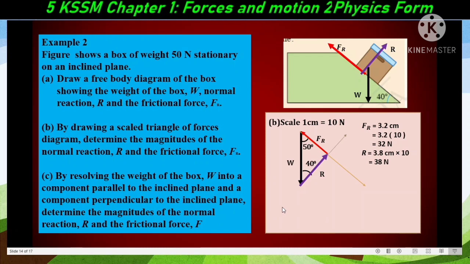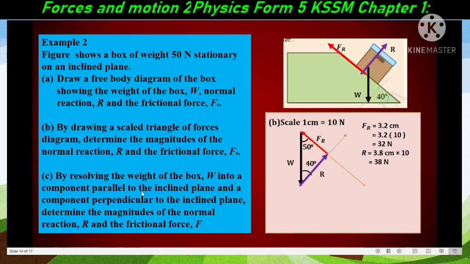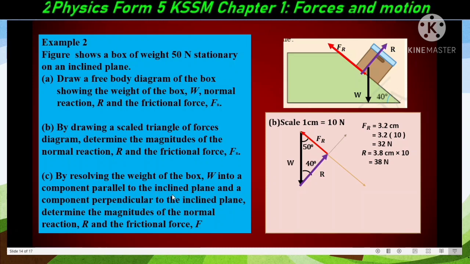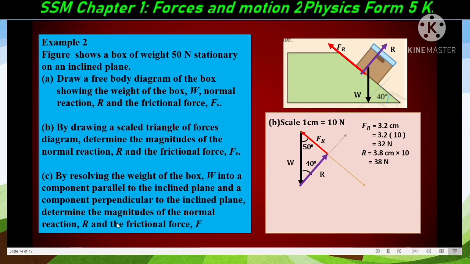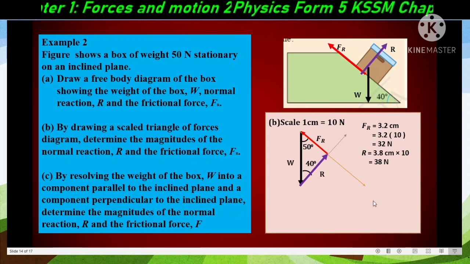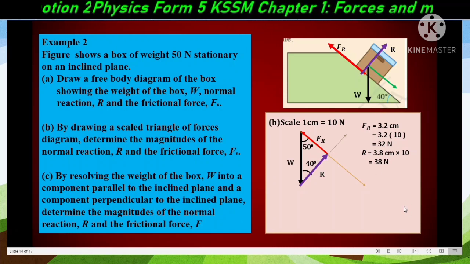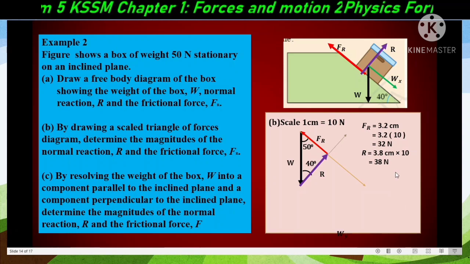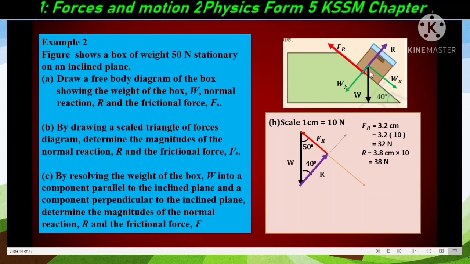Okay, now next part. By resolving the weight of the box W into components parallel to the inclined plane and perpendicular to the inclined plane, determine the magnitude of the normal reaction and frictional force. Now we want to resolve W: parallel to the plane WX, perpendicular to the plane WY.